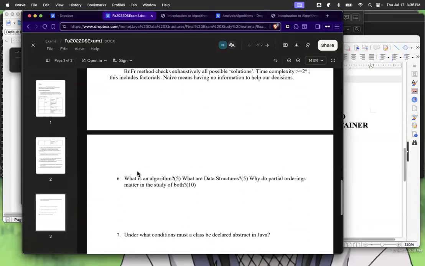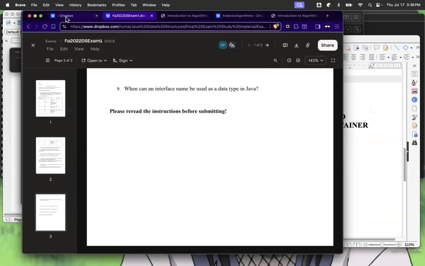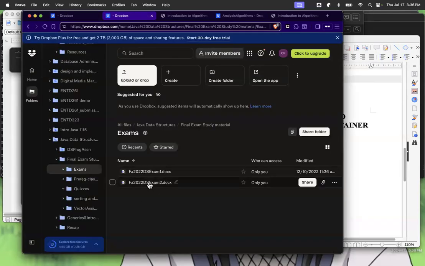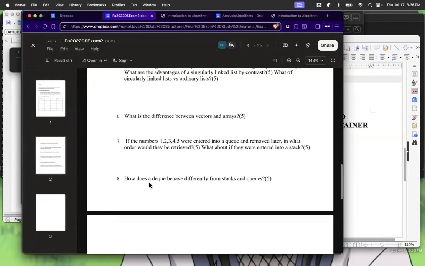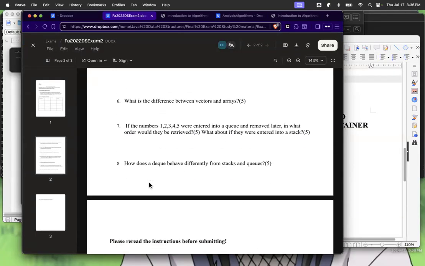In fact, you even have some of the materials for your exam. But what did I put in the second part? Difference between vectors and arrays, cubed and others.